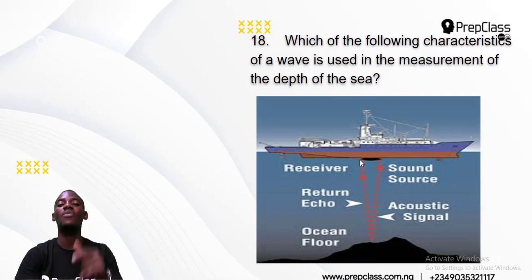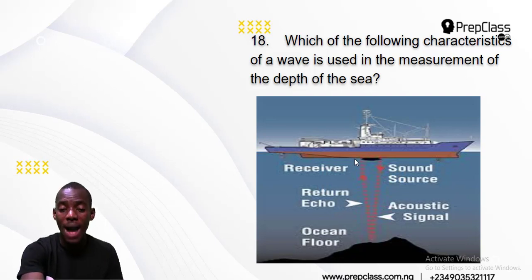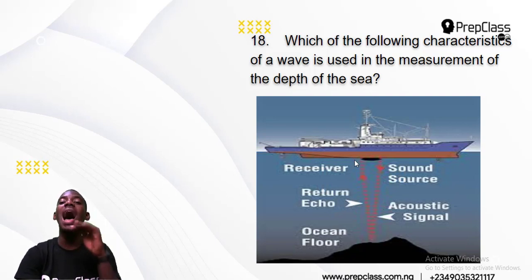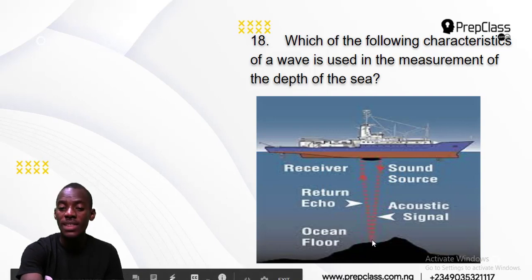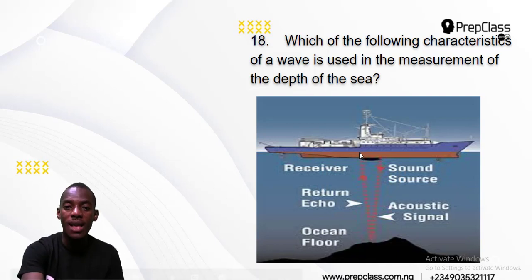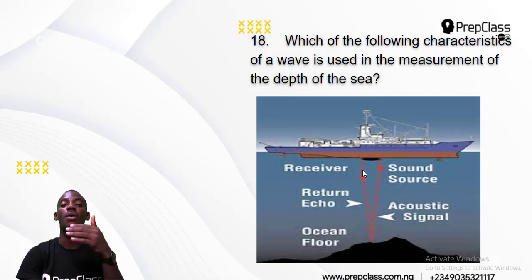So the time it takes for the echo to return will be measured, and they will know how deep the ocean is. So it is simply by sending sound down to the bottom of the ocean, then it will reflect back. So the answer is reflection. This is the sound wave coming and bouncing back, and that phenomenon where a wave bounces back is called reflection. So the principle is reflection, and that's the answer to the question.